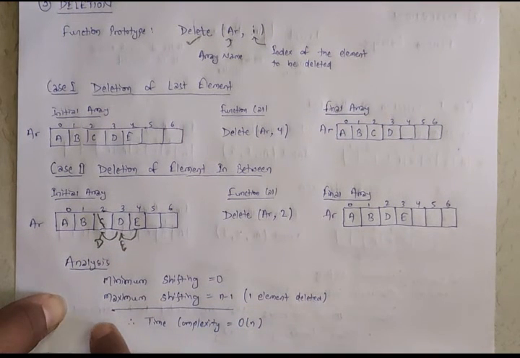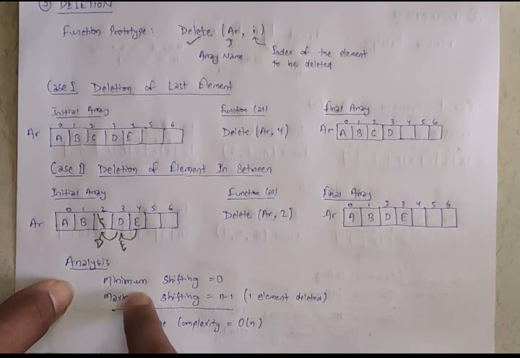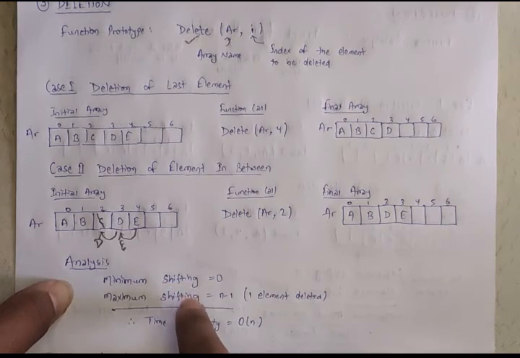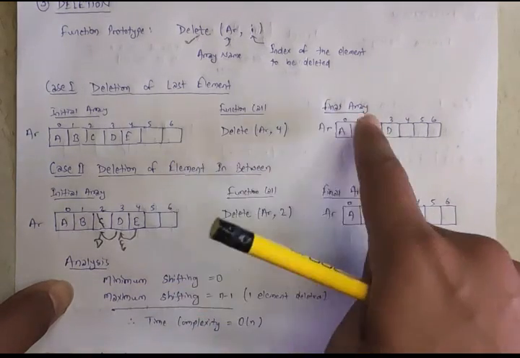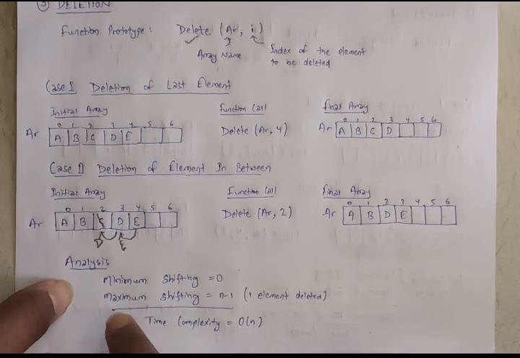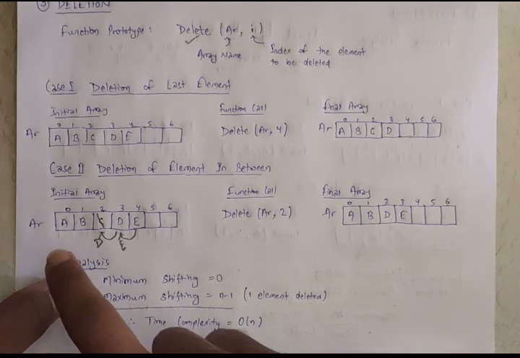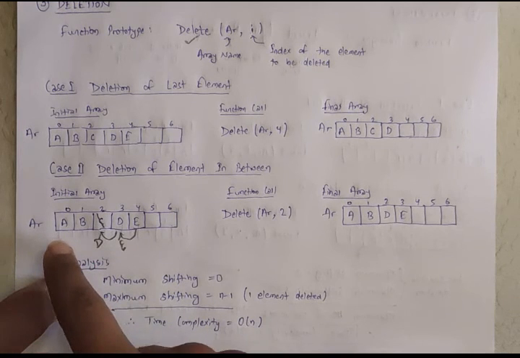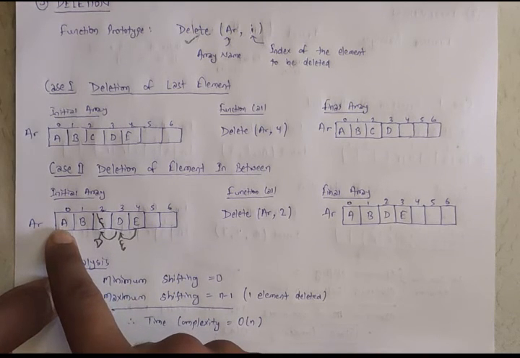So here also, if we analyze the algorithm, the minimum shifting which is needed is 0, as in this case if we delete the last element. And if we delete the first element, in that case we would have the maximum number of shifting.